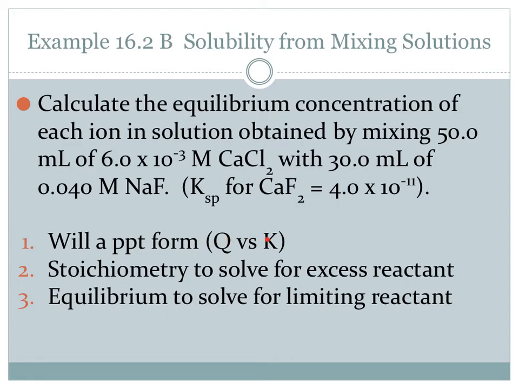Calculate Q versus K. Then we're going to solve for the excess reactant and try to figure out how much of the chemical will form. And then we'll solve for the limiting reactant, which, in equilibrium terms, we say never stays zero. There's always a little bit that gets reestablished here. If we can break it down into these three steps, it's going to help out quite a bit.